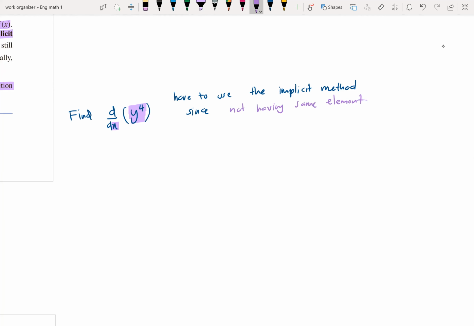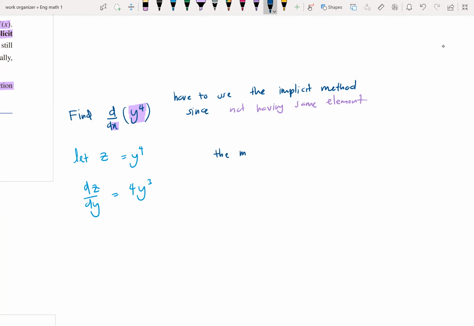Now we let z equal to y to the power of 4. So differentiating, dz over dy will become 4y cubed.